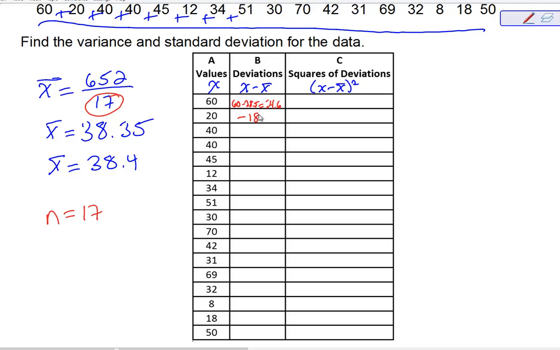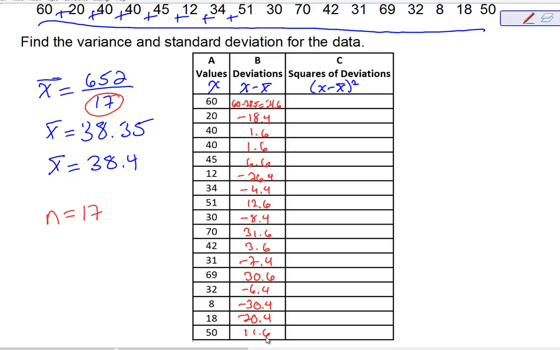So I get negative 18.4, 1.6, 1.6, 6.6, negative 26.4, negative 4.4, 12.6, negative 8.4, 31.6, 3.6, negative 7.4, 30.6, negative 6.4, negative 30.4, negative 20.4, and 11.6.